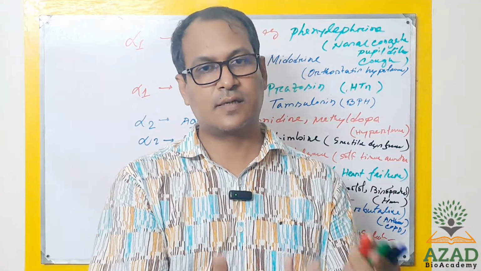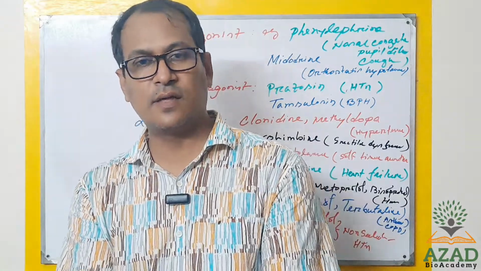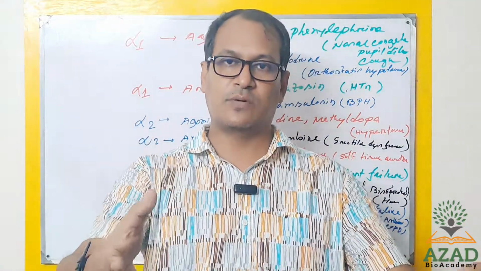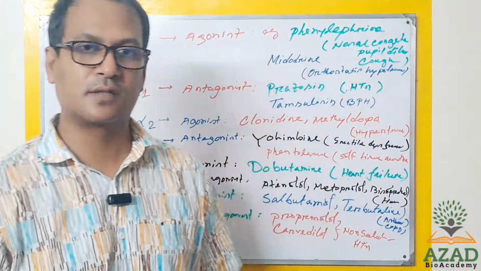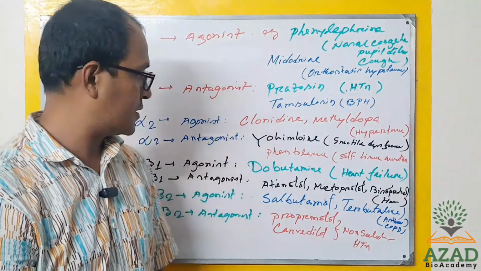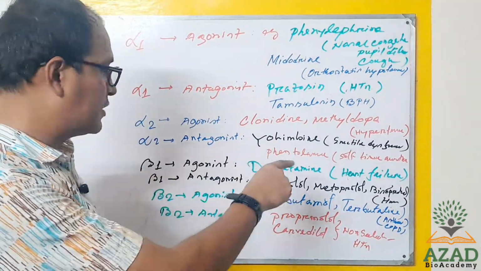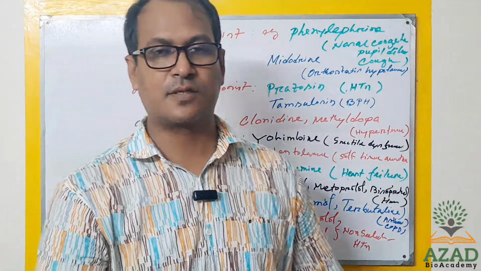So if your heart rate is decreased, your blood pressure will decrease, your renin release will decrease, your angiotensin pathway will decrease, vasoconstriction as well as sodium and water retention will decrease, blood pressure will decrease. So what is the summary? That is, beta 1 antagonist can be used for hypertension.